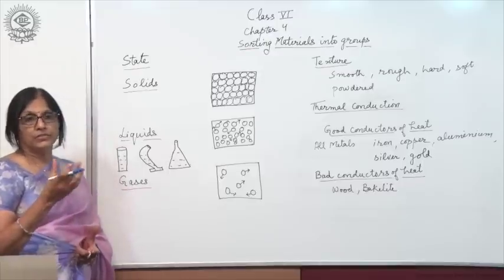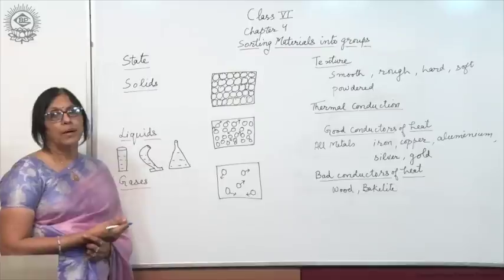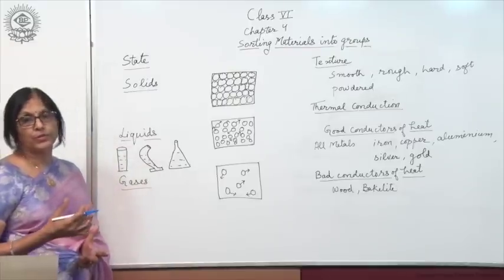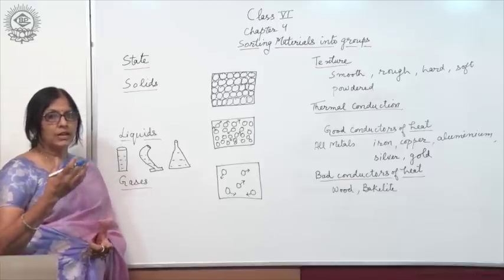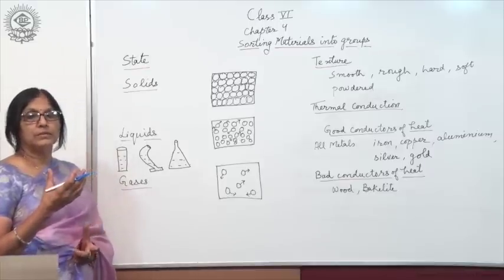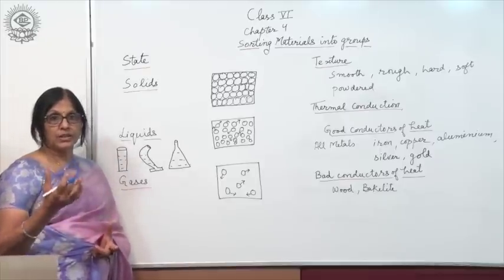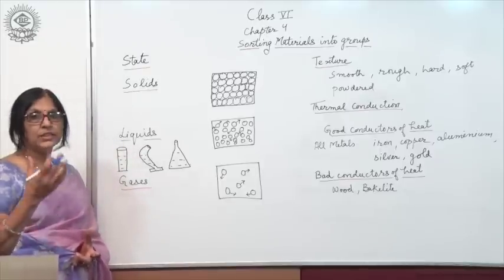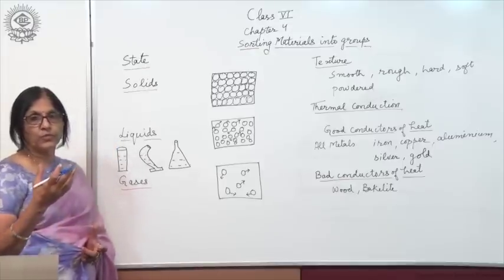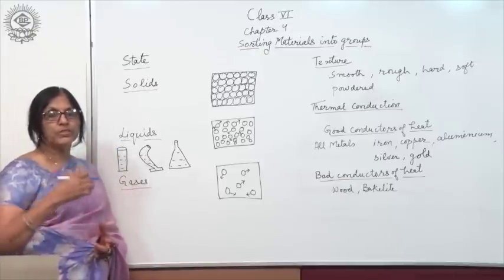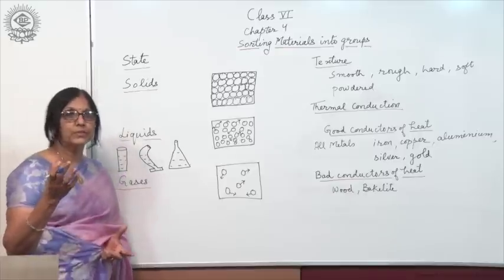Molecule, as we have studied earlier, atoms and molecules are the smallest particles of all types of matter, and we are using here the term molecule, though in some cases the atom is the smallest particle. We have studied that in the case of elements the atom is the smallest particle, and in the case of compounds the molecule is the smallest particle, which is composed of the atoms of different types.